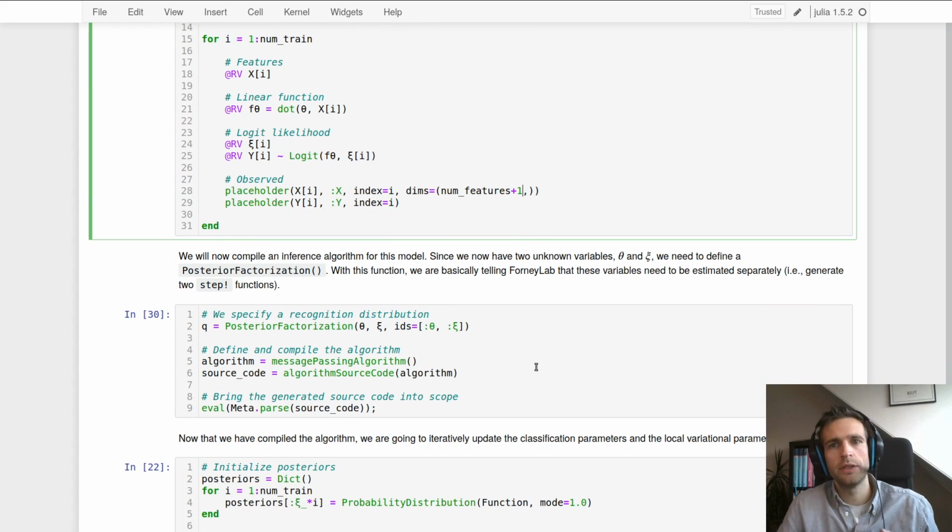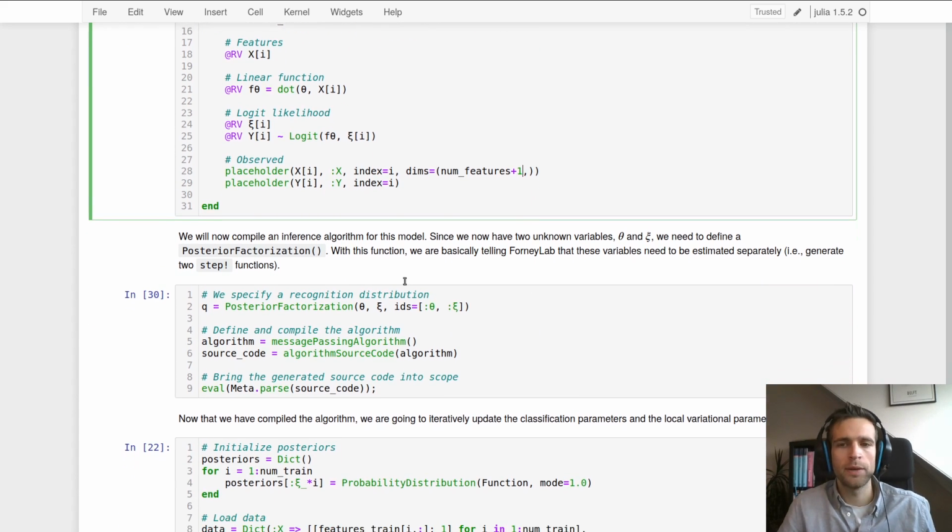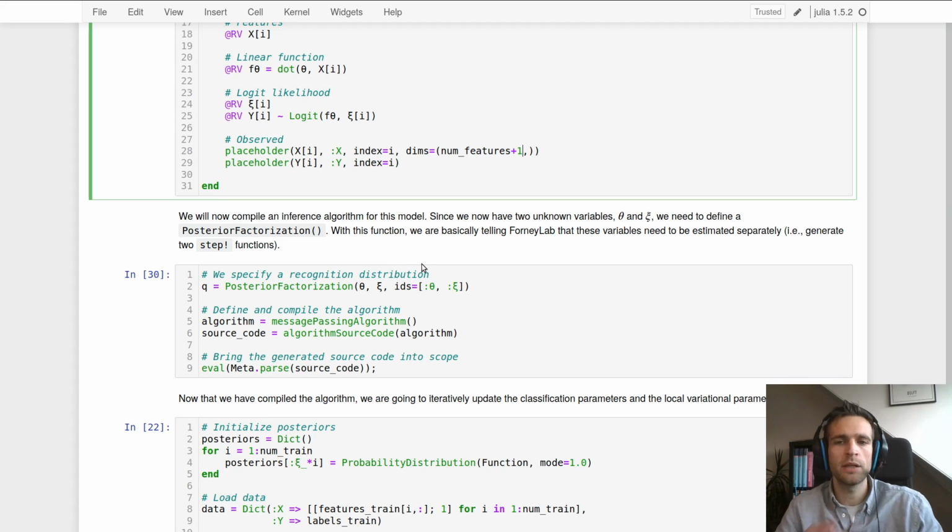So it's very similar to before, but the main difference now is that instead of one unknown variable, we now have two unknown variables, theta and chi. Theta, that's one set for the entire data set, and then chi is one parameter for each data point.